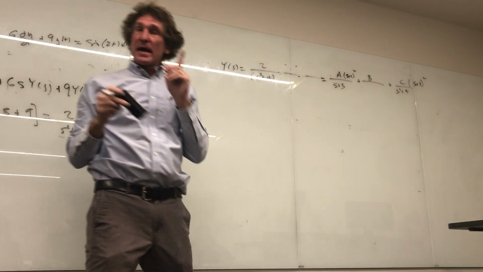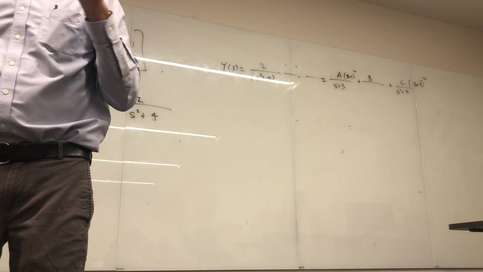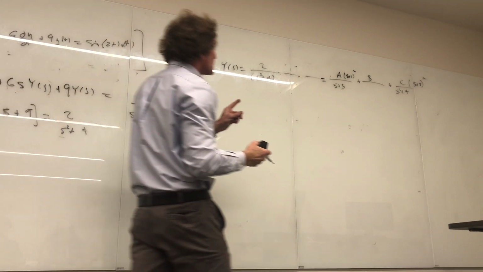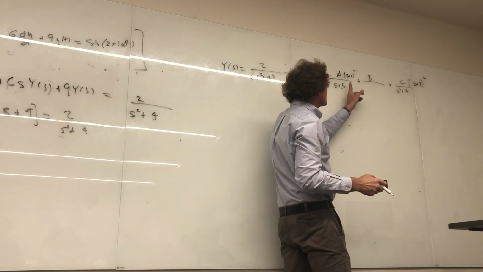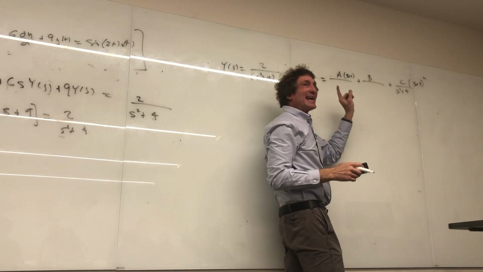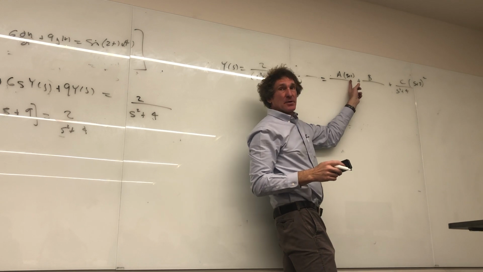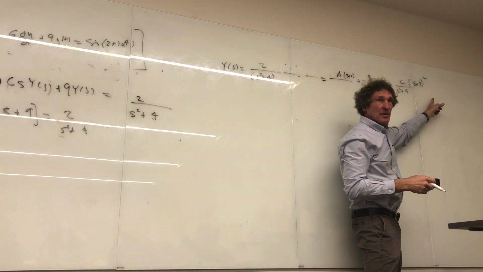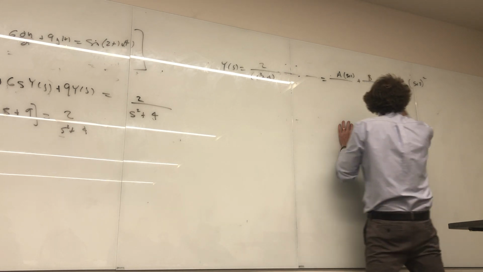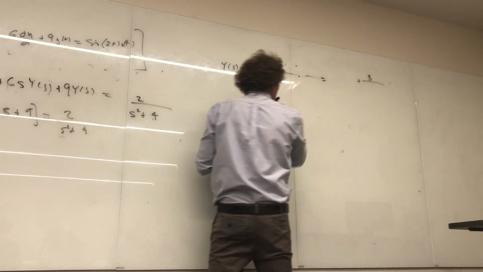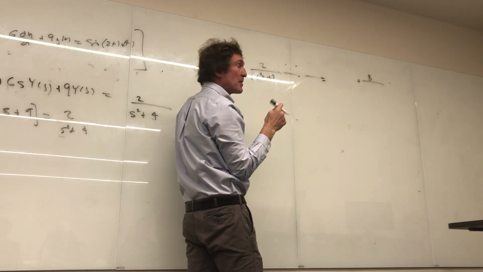Now I want to get b. The pole s plus 3 occurs at s equals minus 3. Do you all agree with me? At s equals minus 3, because this is s plus 3, this is s plus 3 squared, when s is equal to minus 3, the a term goes away. Do you all see that? So you're just solving for b. When I get b, I let s be equal to minus 3, correct?